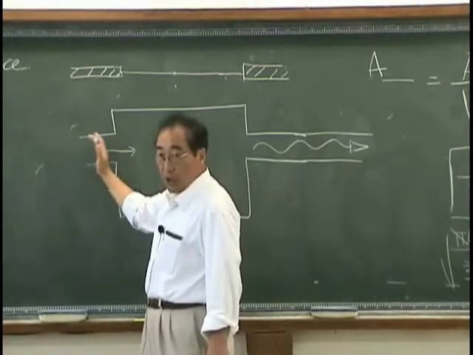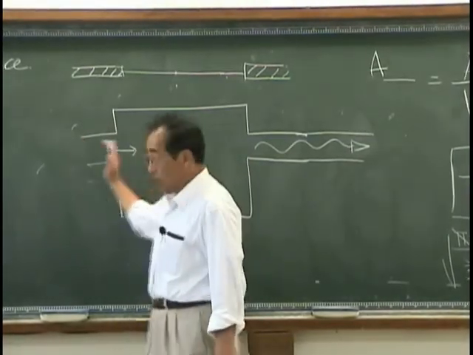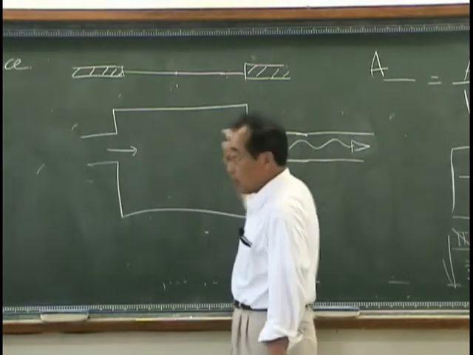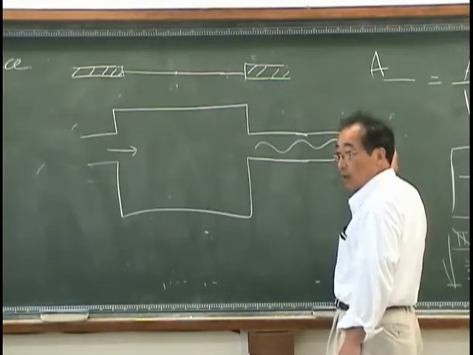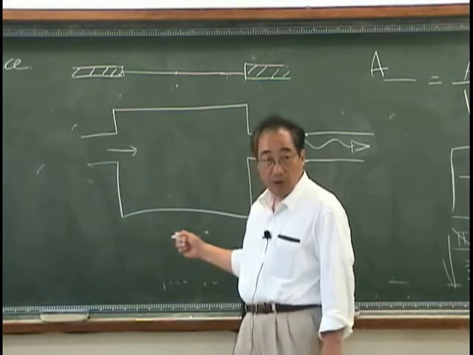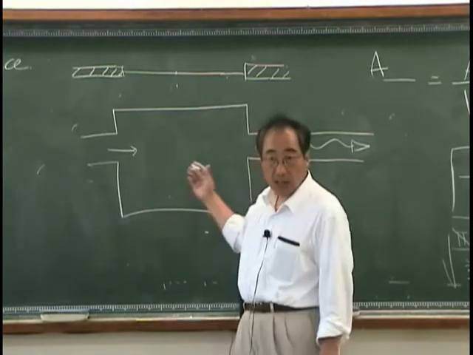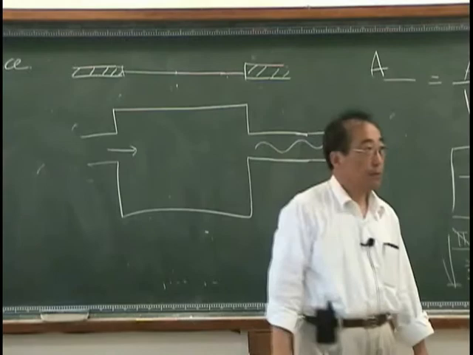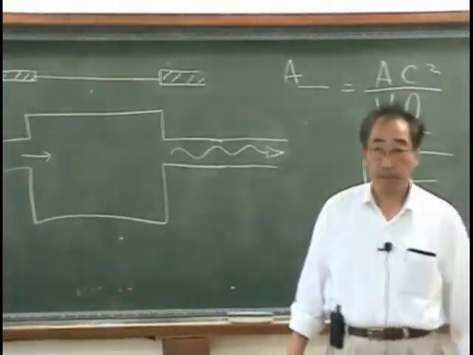Therefore, there will be some transmission and reflection, and some transmission and reflection, okay, and then transmission. So depending on the size of this chamber, some wave can be blocked into the chamber and some wave can be propagated. Okay?